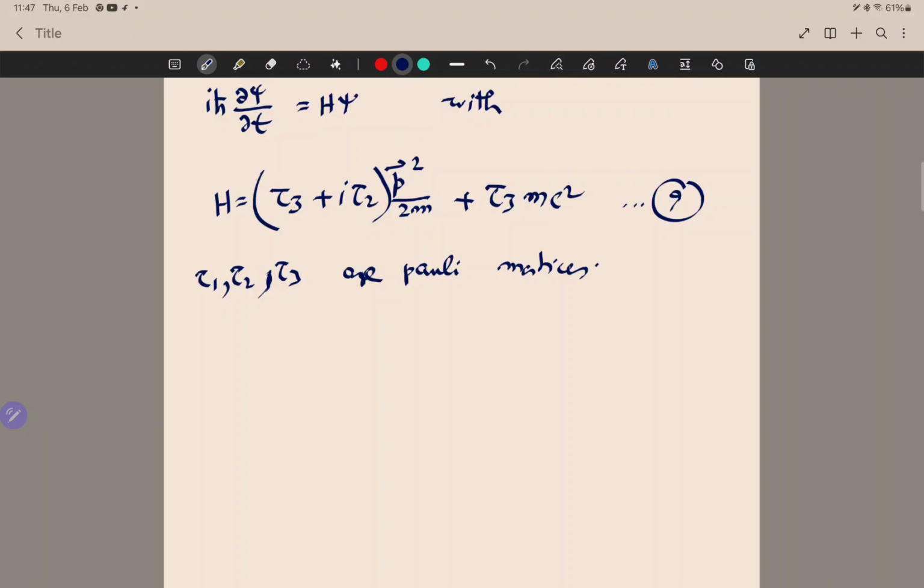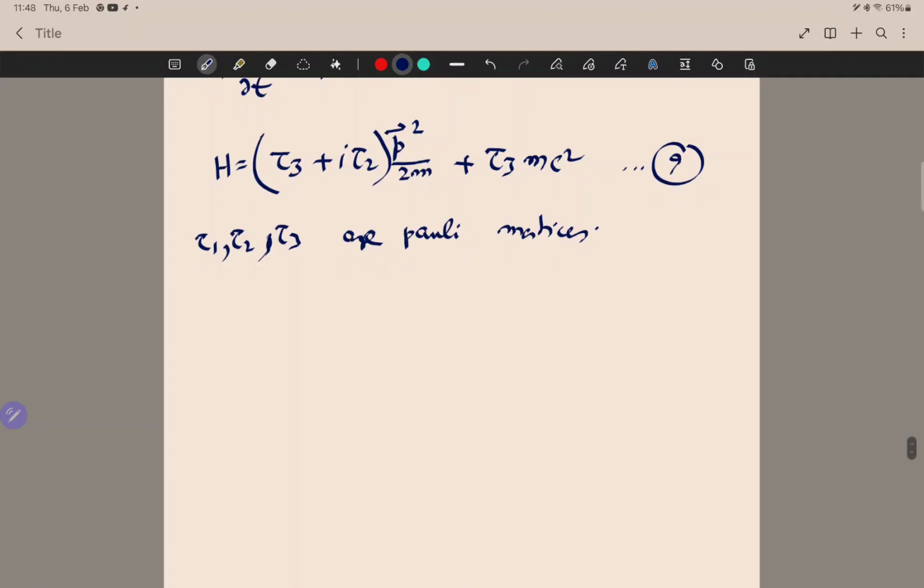By acting once again on the first equation with i h bar del by del t and using E squared equal to p squared c squared plus m squared c to the power 4, we can recover the Klein-Gordon equation. For more details we can continue with the Schrödinger equation form.